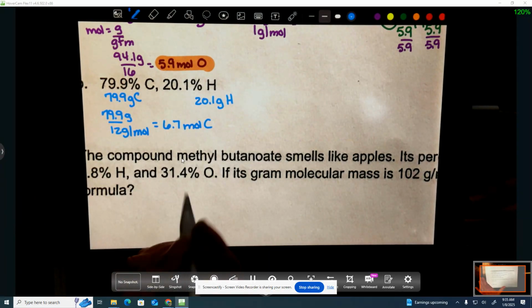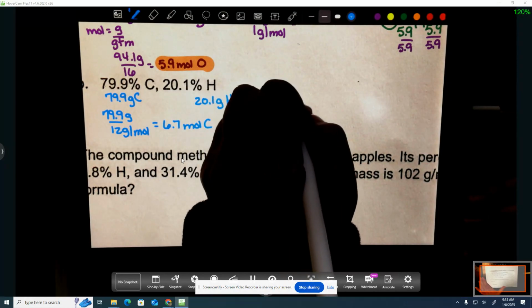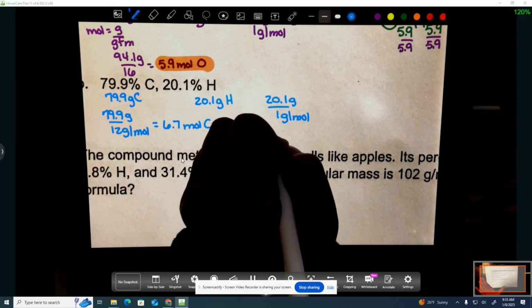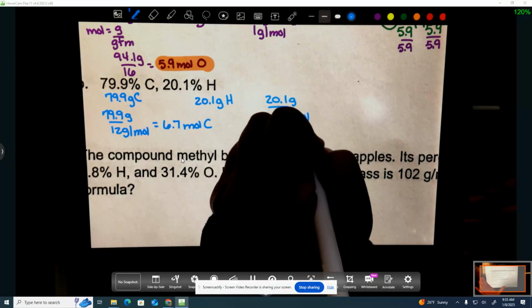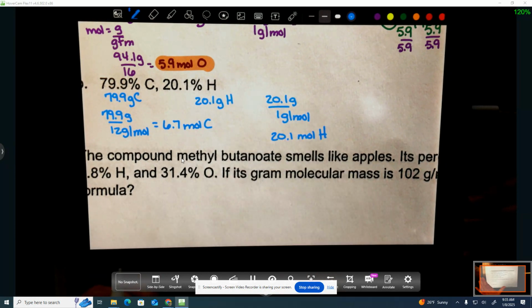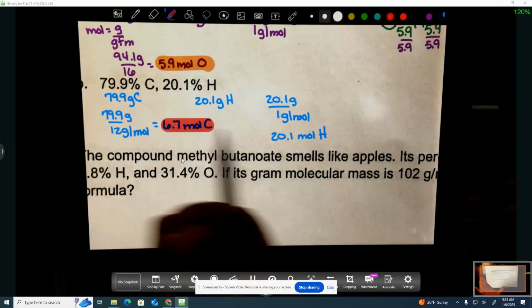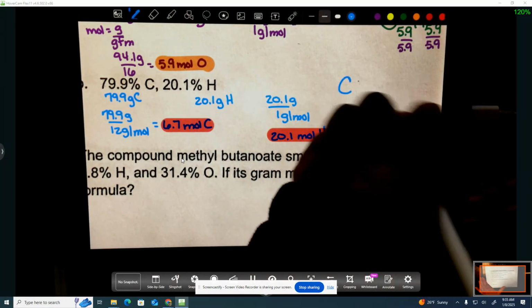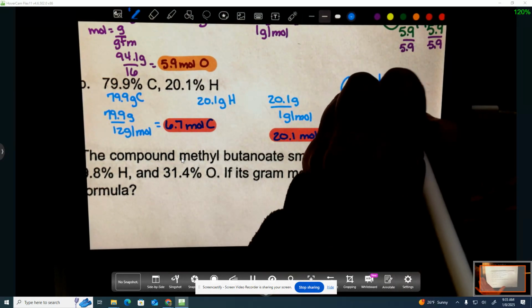Keep it labeled. Now let's do 20.1 grams of hydrogen divided by 1 gram per mole. That's going to give us 20.1 moles of hydrogen. Okay, so here are our numbers. This is my mole ratio, moles to moles. We've got carbon, which was 6.7, and hydrogen, which is 20.1.